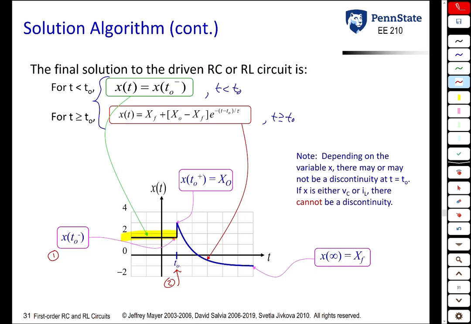This is usually given in the problem itself. The third thing you need to find is the value of the variable right after this change in the circuit. And, as before, depending upon what this variable x is, it may or may not be allowed to be different from x of t naught minus.